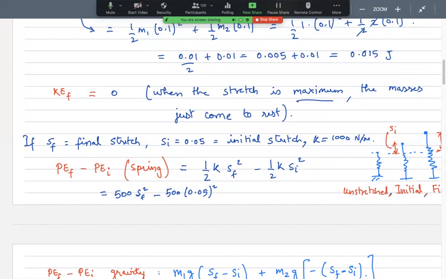If you say how much did the potential energy increase, it's this quantity that we have outlined. And if we say what is the work done by the spring, it's going to be the negative of this quantity. Work done by the spring is P initial minus P final. That's the definition of work done by the spring.